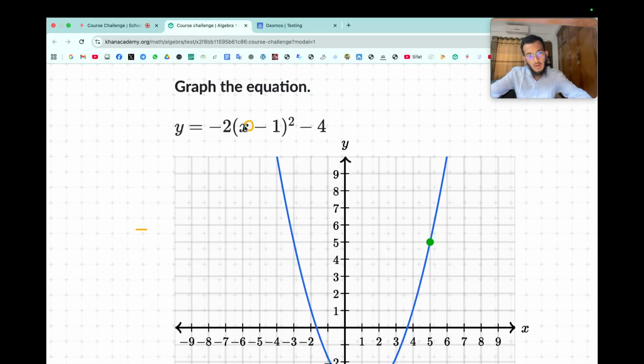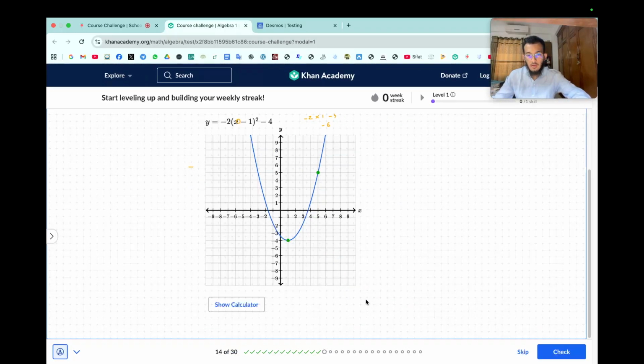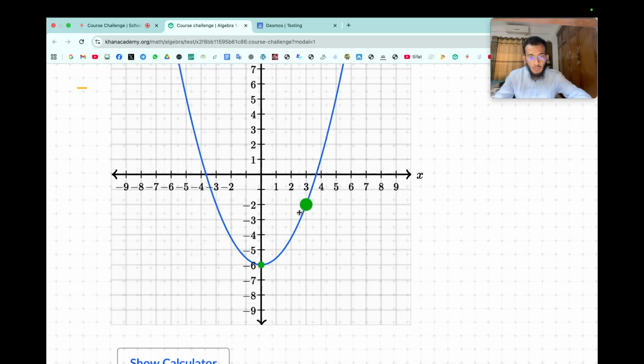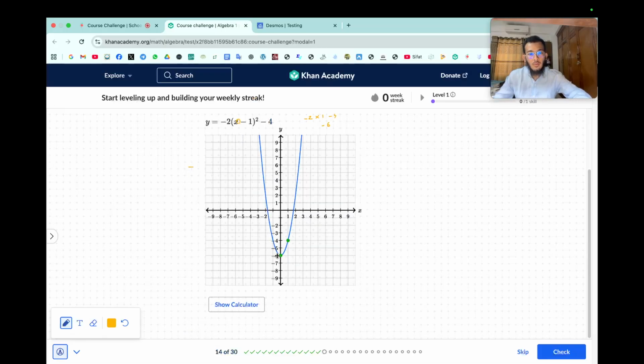If you plug in 0 here, we have negative 1 squared, negative 2 times positive 1, minus 4, so we have negative 6. So the y-intercept is negative 6, and the vertex is 1, negative 4. This should be our answer.